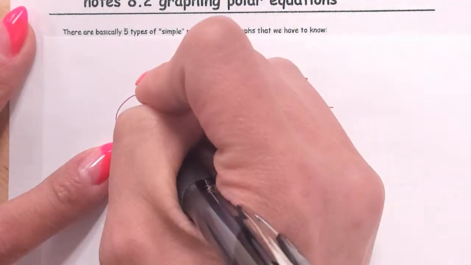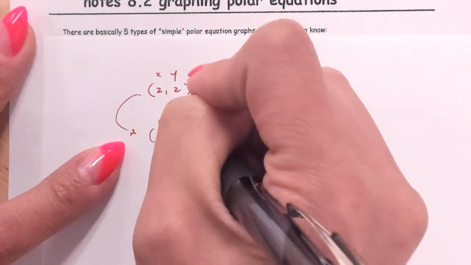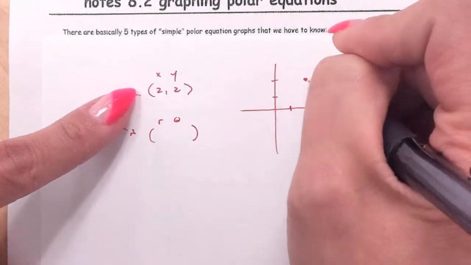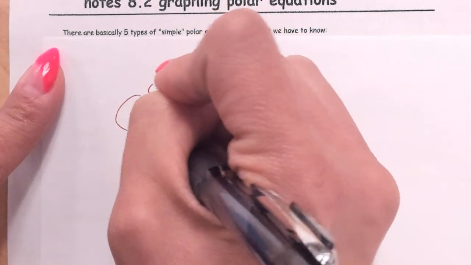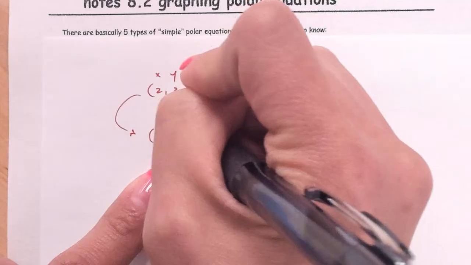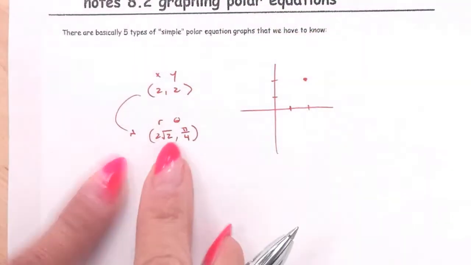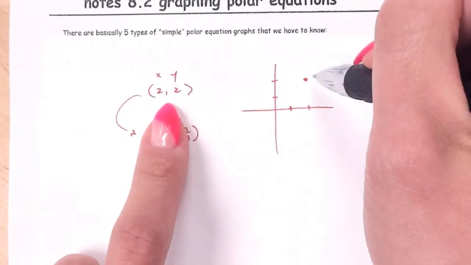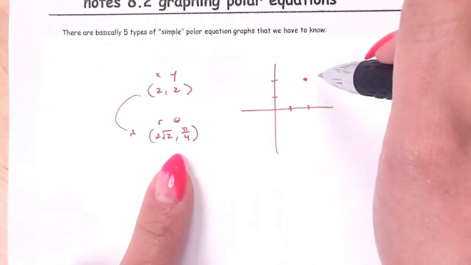Well, you would have to do r comma theta. So r is this length, which we know is 2 root 2. And then theta is exactly 45 degrees, so like pi over 4. So we would write it this way, right? So if we're doing an xy, it looks the same as if we're doing r comma theta.